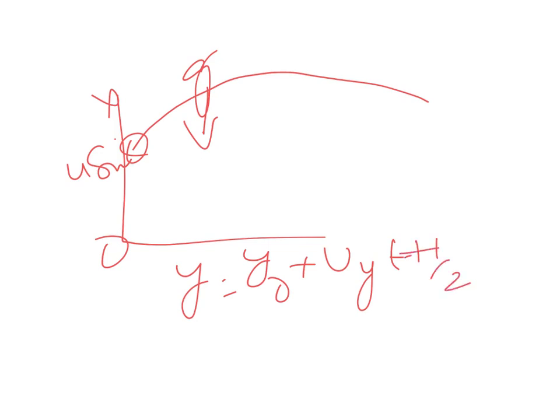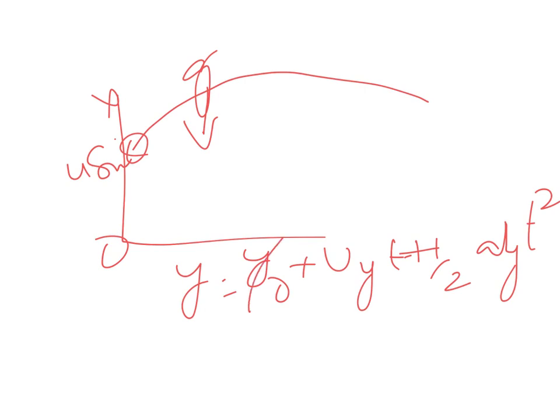Now, just like x is equal to x naught, here we take y is equal to y naught plus uyt plus half ayt square. Because y naught is equal to 0, that term is 0.